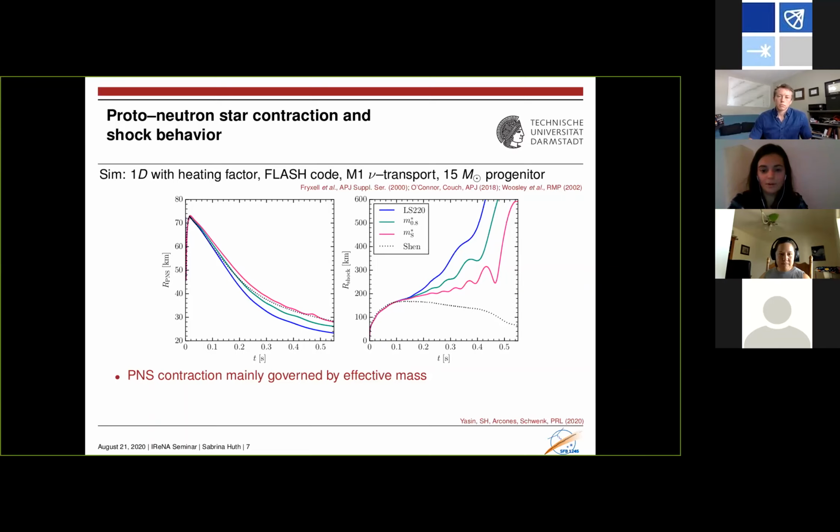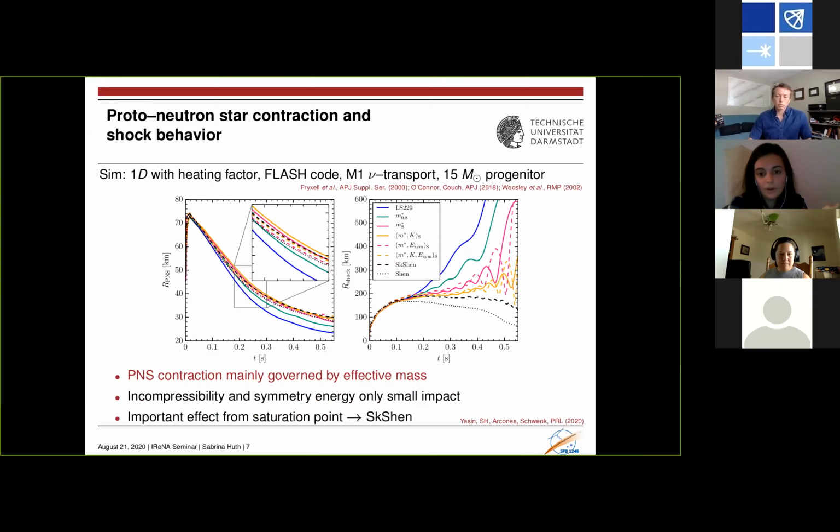Nevertheless, what's really important here is that if we wouldn't use any heating factor in the simulation, the shock radius for every simulation would basically look the same because they would all collapse back to a black hole, but the proto-neutron star radius would still look the same. So we would still see this pattern due to the effective mass.